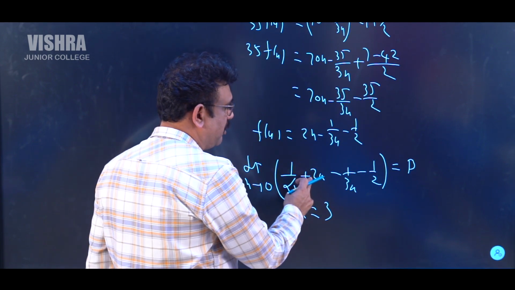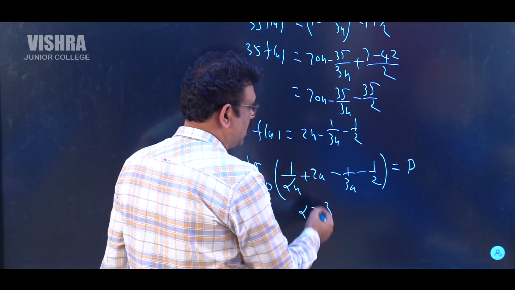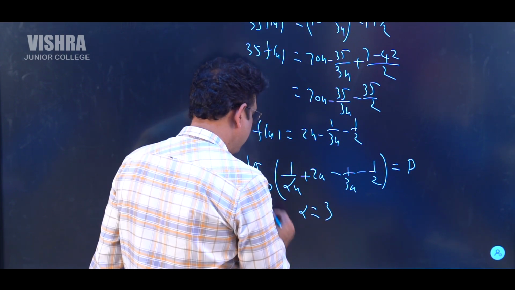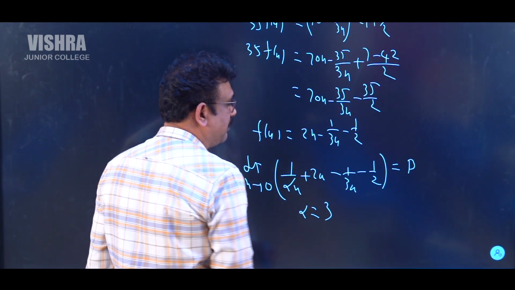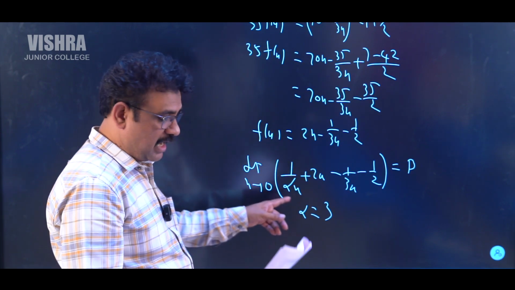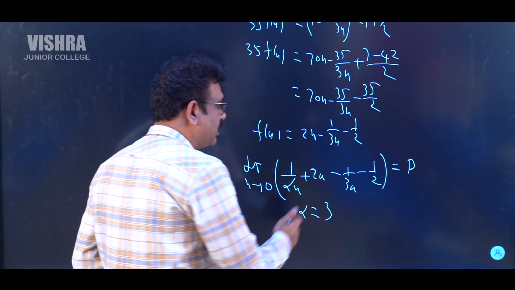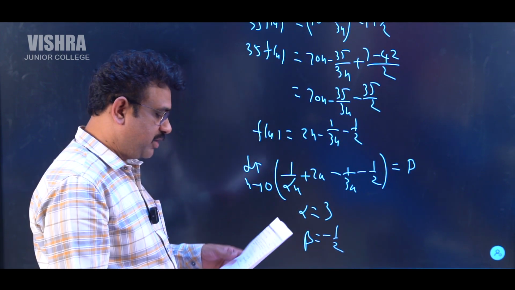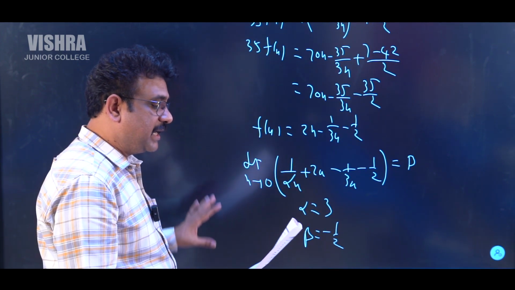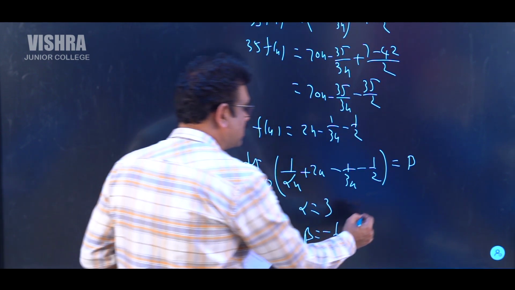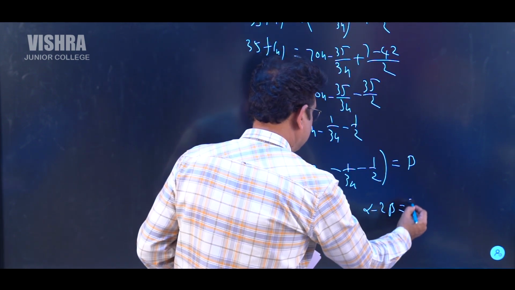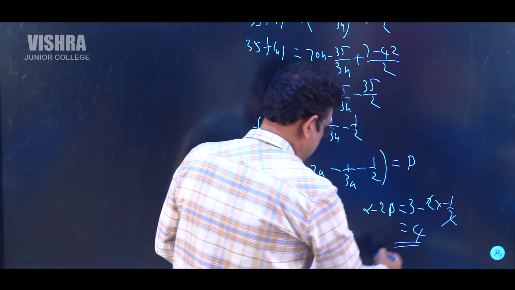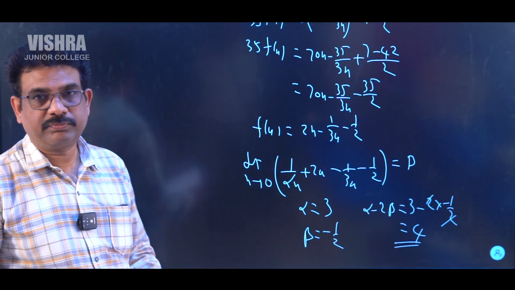Now the limit as x tends to 0 means 2 into 0 is 0. So now these two are cancelled. The value of this is equal to minus 1 by 2. So alpha equal to 3, and beta is equal to minus 1 by 2. Now we need to find alpha minus 2 beta. Alpha minus 2 beta is equal to 3 minus 2 into minus 1 by 2. That is equal to 4. The answer is 4. Right.